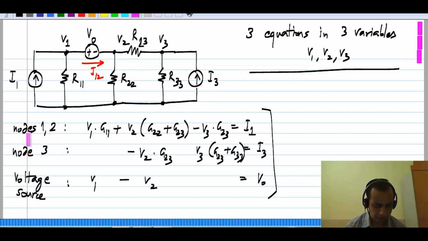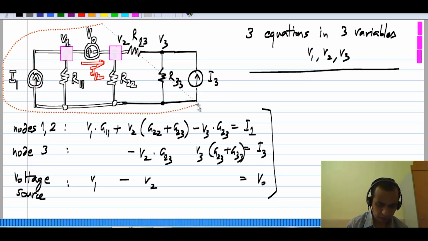If you look at what's happening when we sum the equations for nodes 1 and 2, let me copy over this circuit.